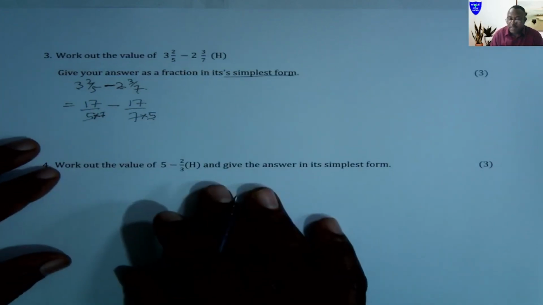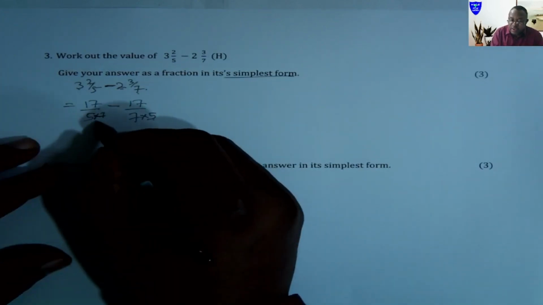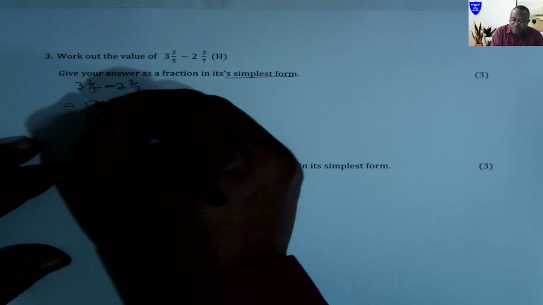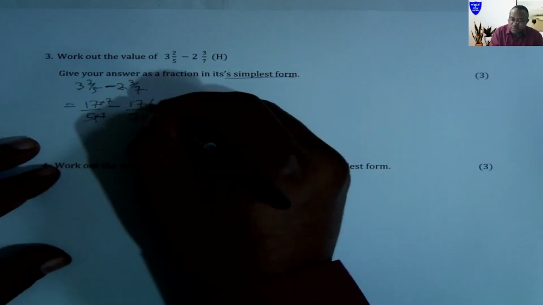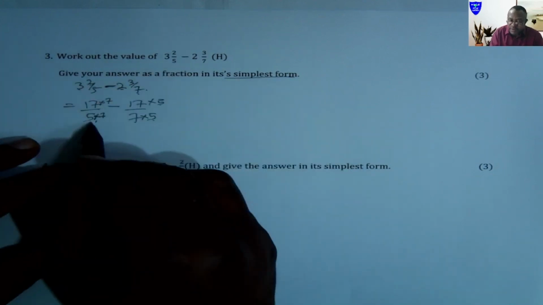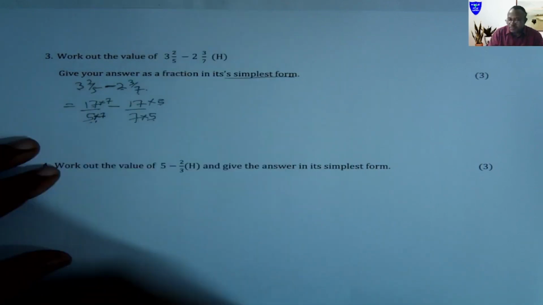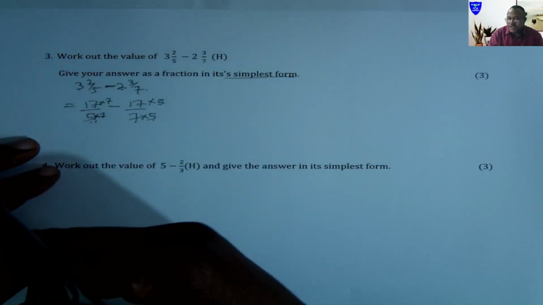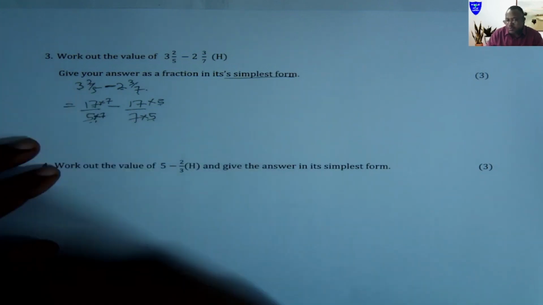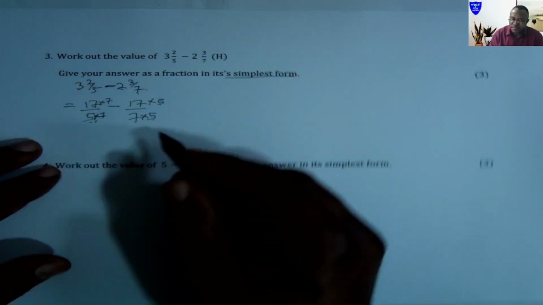Then whatever we do here, we have to do the same on top. Because we're multiplying by 7 here, we have to multiply by 7. Whatever you do to the denominator, you do the same to the numerator in order to keep the value of the fraction the same.